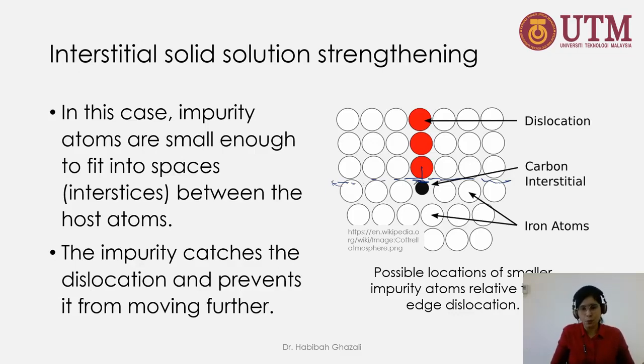But now we have one impurity atom, so this plane will be distorted. It will take a lot more effort for this dislocation to glide on this slip plane. When we need a lot more stress to move the dislocation, it means that deformation can only happen at a higher stress. So we have created a material with a higher yield strength.